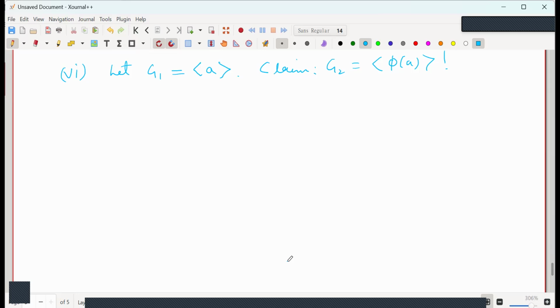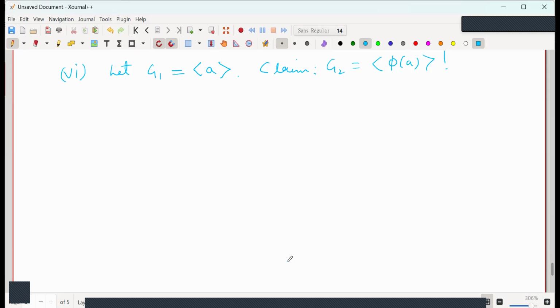But does it say that every element is a power of phi A, or that phi A generates G2? This is not sufficient. But once I know that the generator maps to the generator, that is the point.